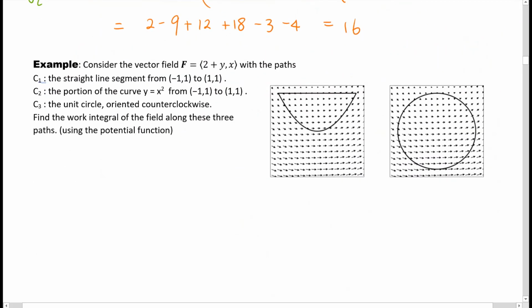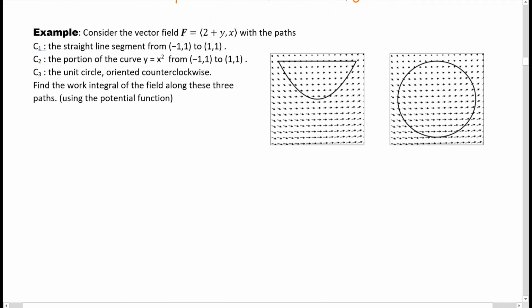Okay, let's continue to the next example. So consider the vector field F equals 2 plus y, x, with the paths. So C1 is the straight line segment from -1, 1 to 1, 1. Okay, let's see here.